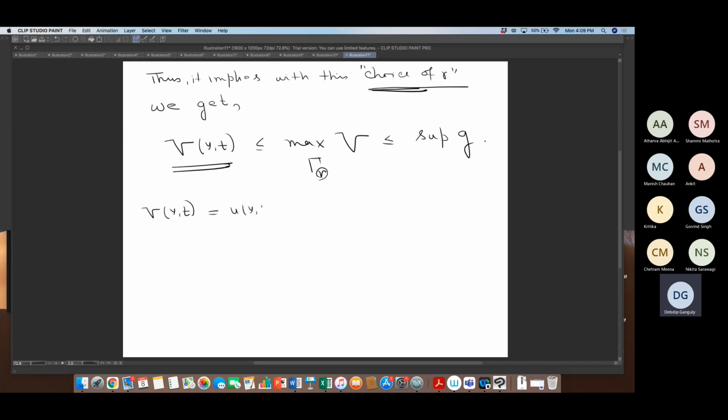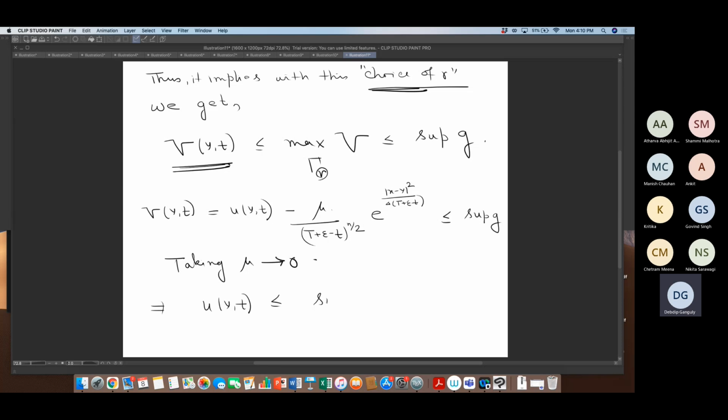V(y,t) is nothing but u(y,t) minus mu t plus epsilon minus t whole to the power n by 2, which is less than the supremum of G, by the definition of V. Since it holds for any positive mu and G is independent of mu, now taking mu tending to 0, we get u(y,t) less than the supremum of G. And remember, I have chosen y to be any arbitrary point in R^n, so we can do this for any y.